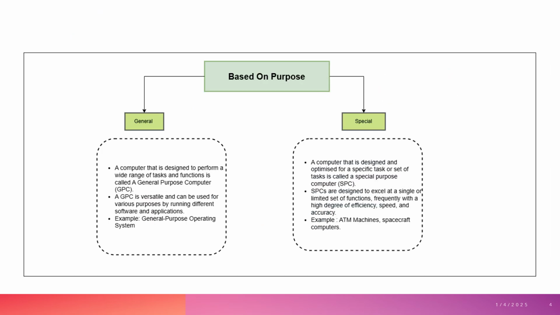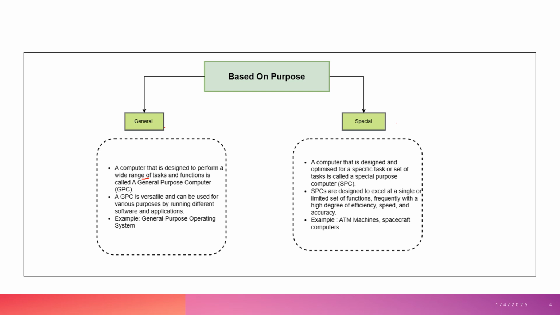The third category is based on purpose, and it can be of two types: general purpose computers and special purpose computers. As the name suggests, general purpose computers are designed to perform a wide range of tasks and functions. They are versatile and can be used for different applications. How? By running different software and applications.